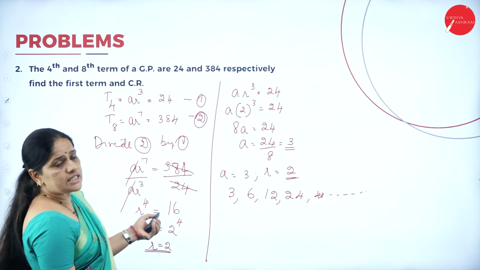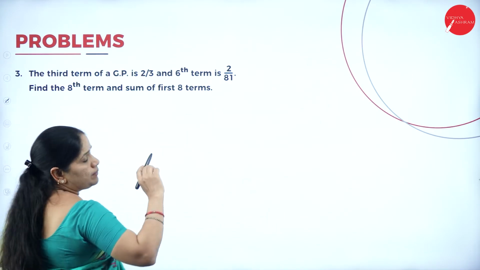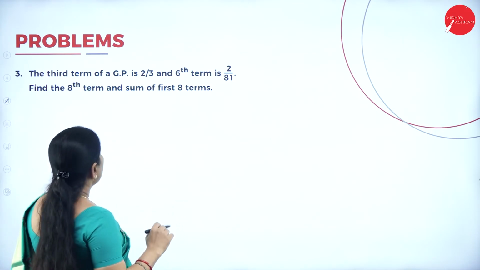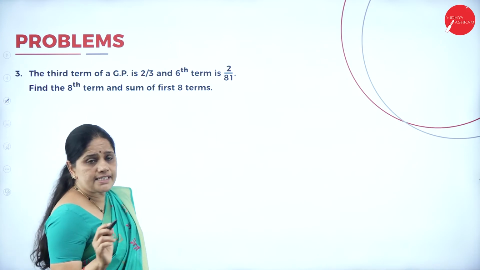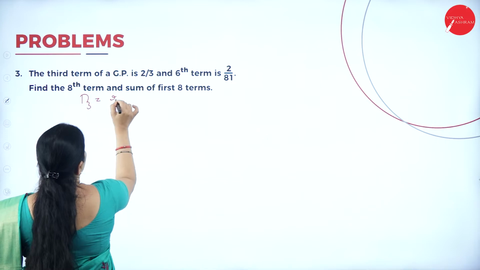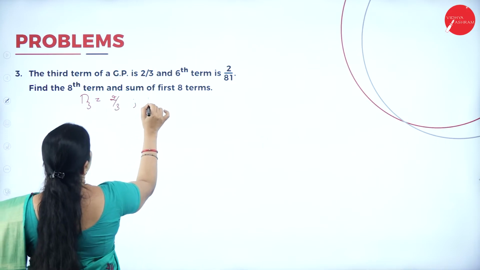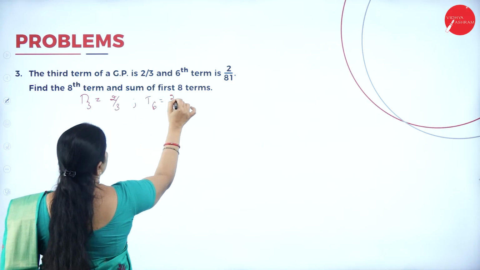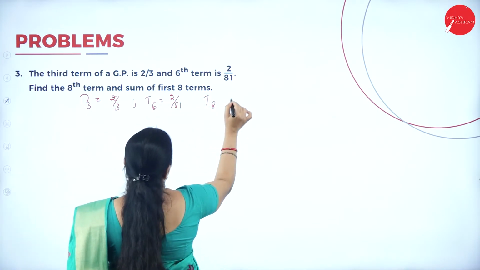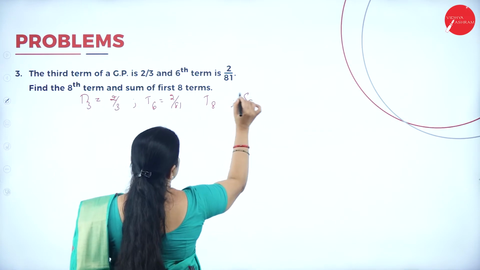Now the next problem. The third term of a GP is 2 by 3 and the sixth term is 2 by 81. Find the eighth term and the sum of the first 8 terms. So T3 equals 2 by 3 and T6 equals 2 by 81. Find T8 and S8.